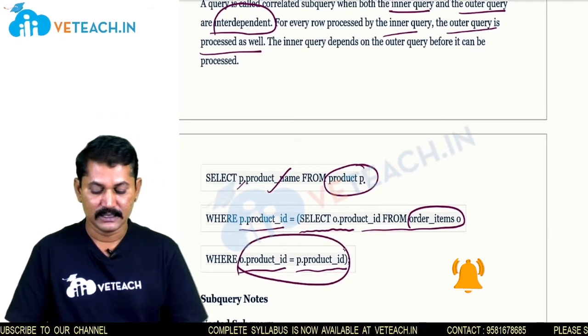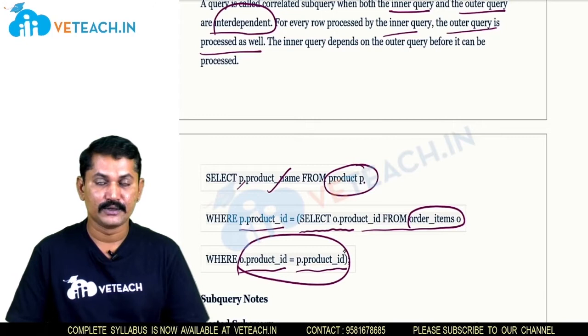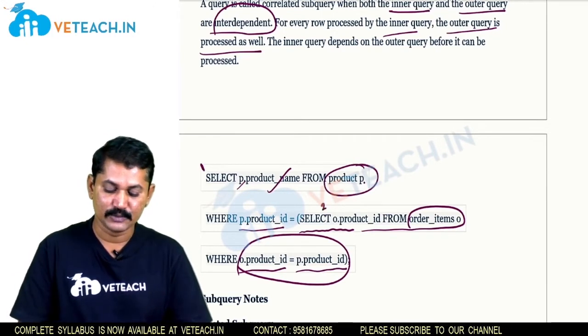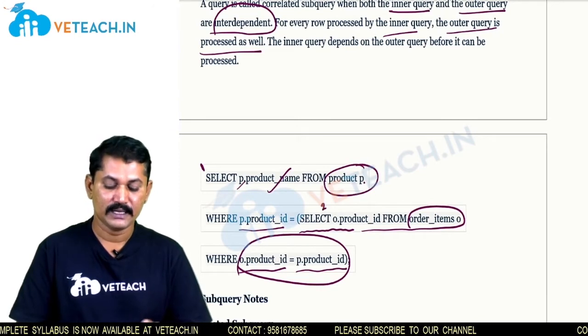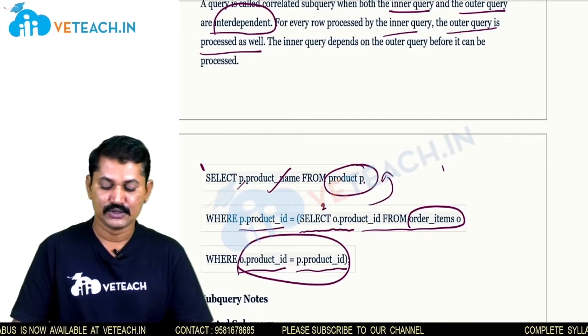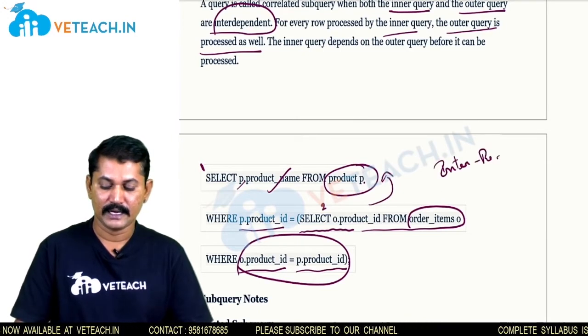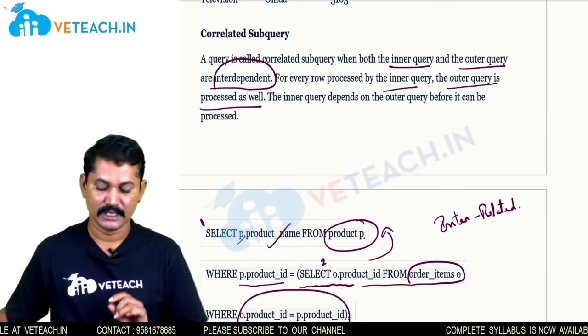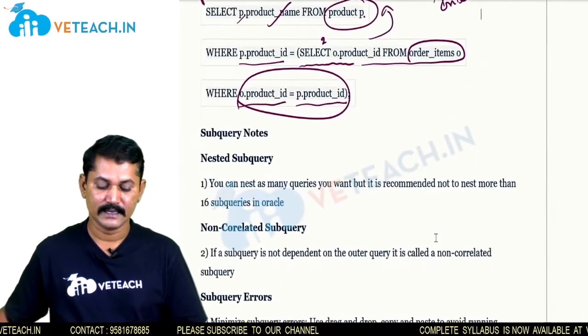That means these two are interrelated to each other. To get the result of first query, the second query has to be satisfied. Then only the result is generated to the first query. Then these two types are called correlated subquery.